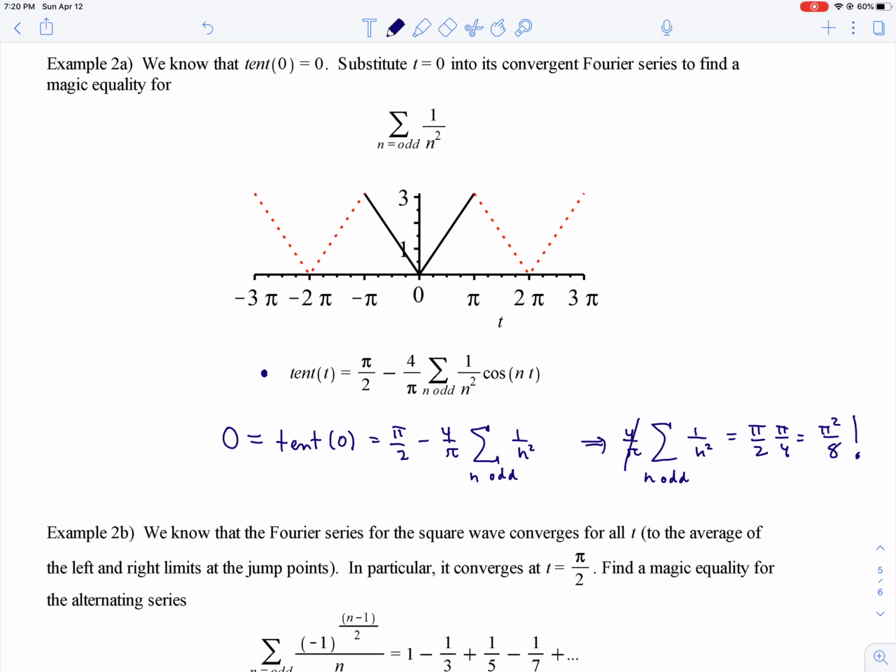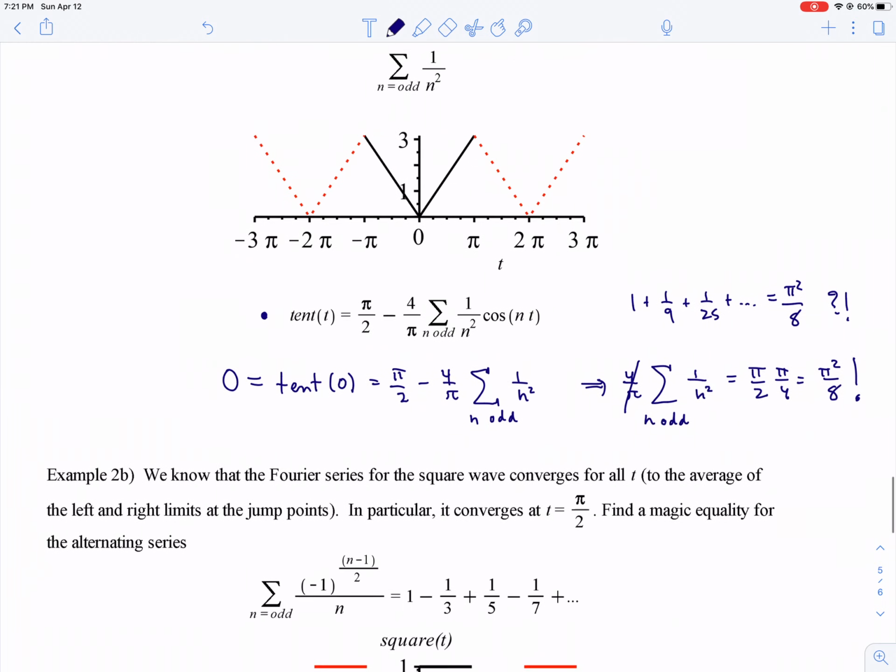And that's a true fact. 1 plus 1/9 plus 1/25 plus dot dot dot is pi squared over 8. Right? That's like 9/8 or something. A little bit more.